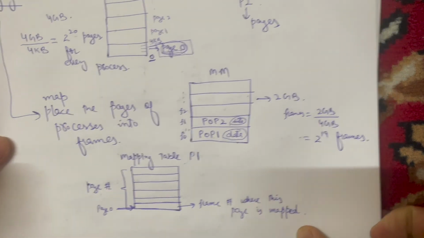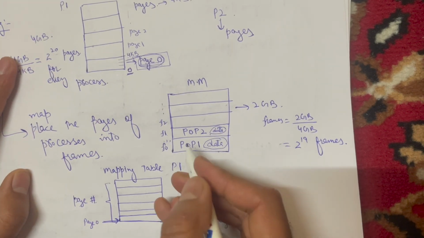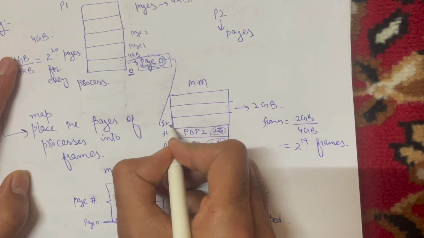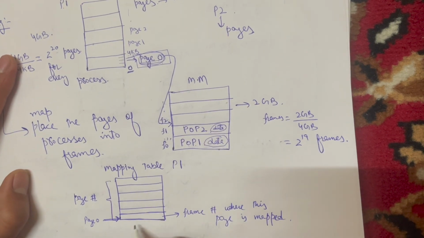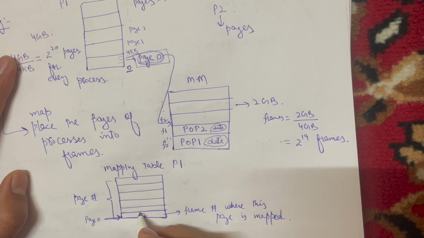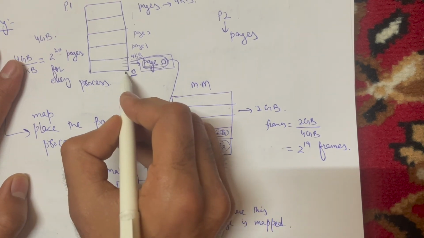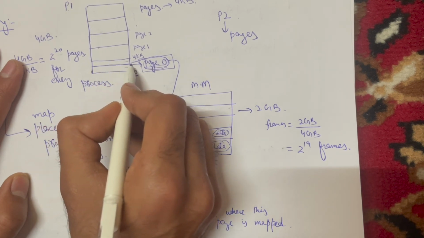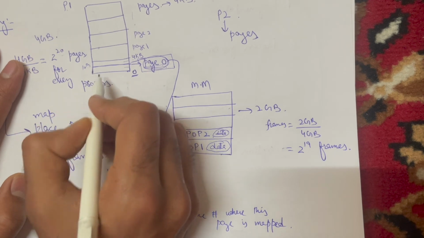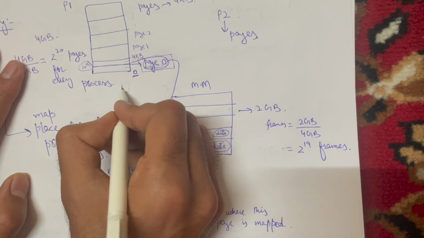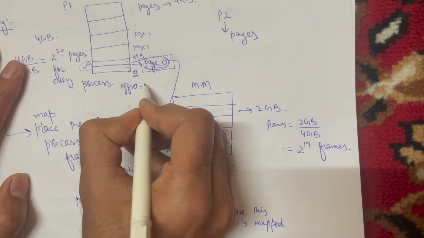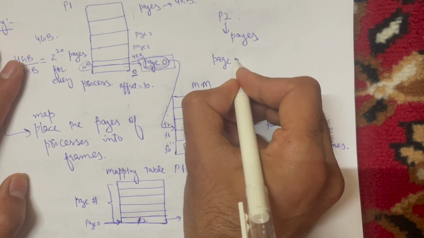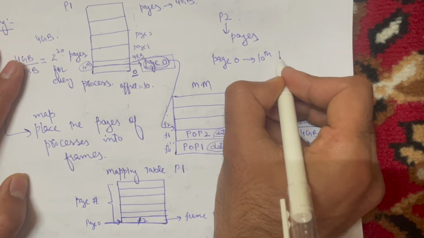Let's suppose I have page 0 at frame 2, and I will have address F2 here. Let's suppose in page 0, I require a data item which is at the 10th location in this page. So the offset is 10 here. In page 0, I will require the 10th byte.